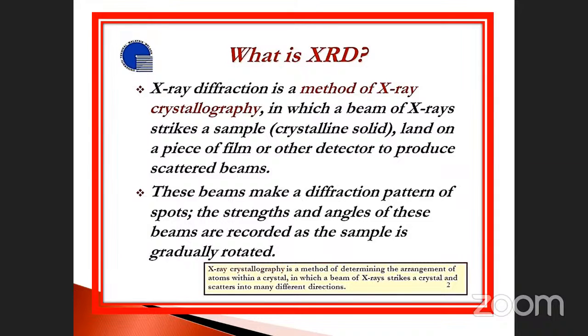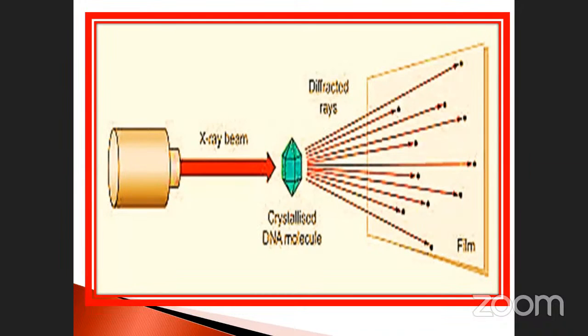Already we saw it. This is the technique, principles maximum used. The X-rays come out from the instrument, there is a solid material at the center, and it scatters different diffracted rays, which you get on the film.